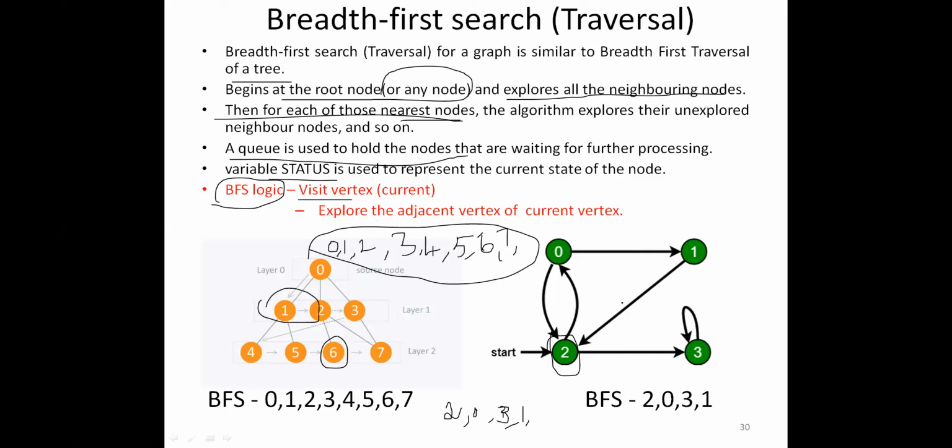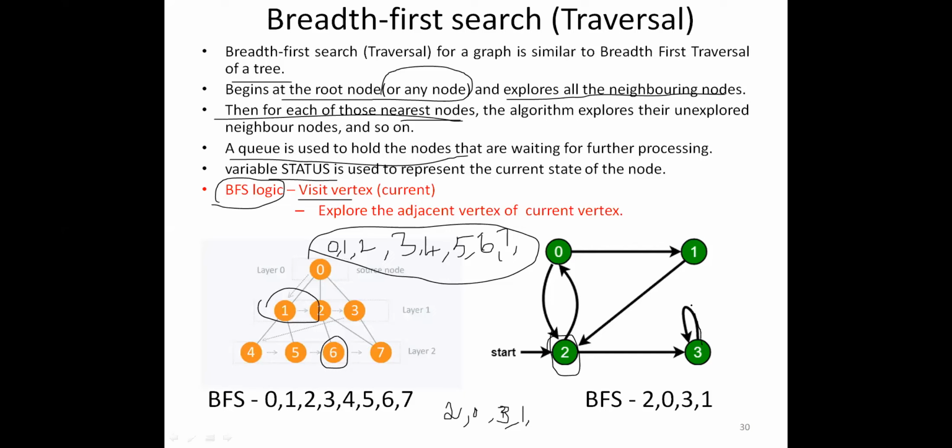Next I will take the adjacent element 3. We don't have any adjacent neighbors of 3.